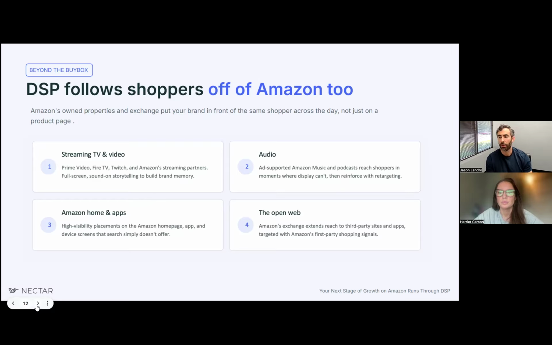Their podcasting lineup has gotten a lot better too. They've brought on some really big names. And that covers owned inventory as well as third party.